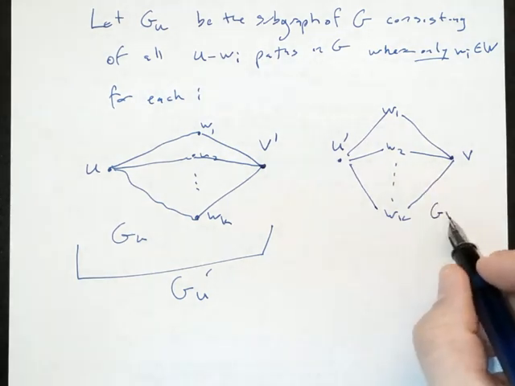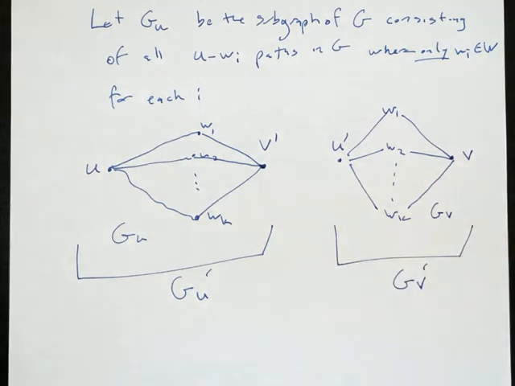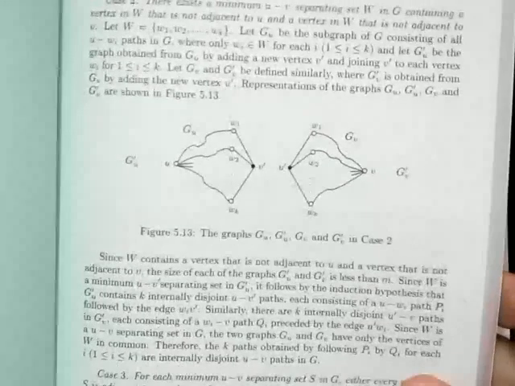This piece is GV. This whole thing is GV prime. Page 125 is their version of this same picture.